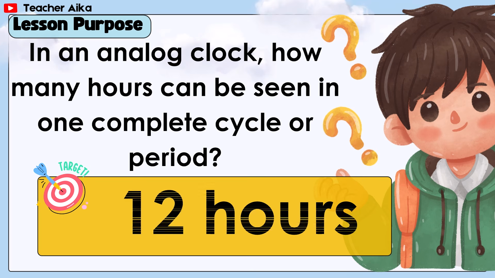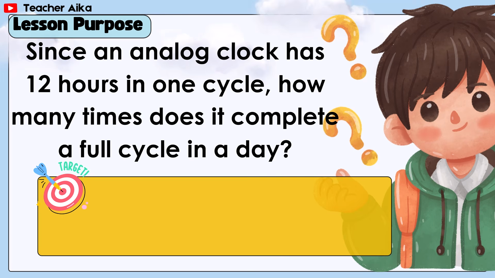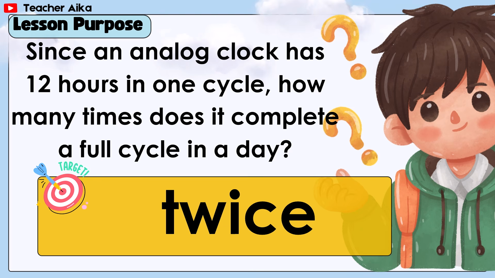The answer, 12 hours. Since an analog clock has 12 hours in one cycle, how many times does it complete a full cycle in a day? The answer, twice.